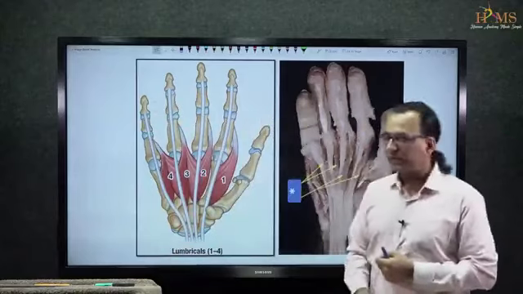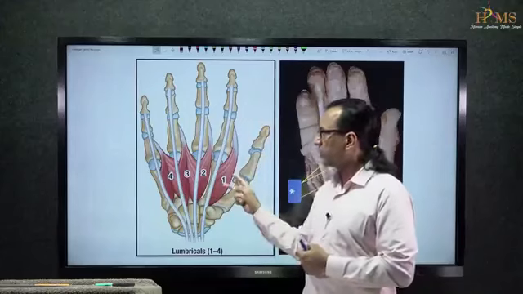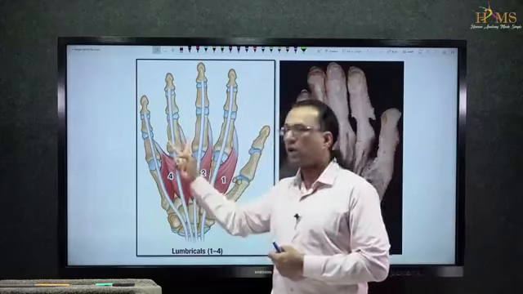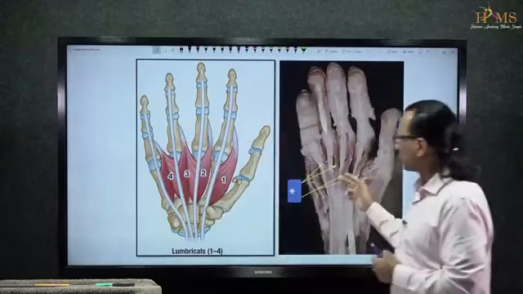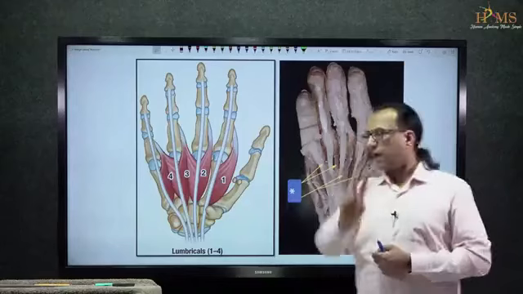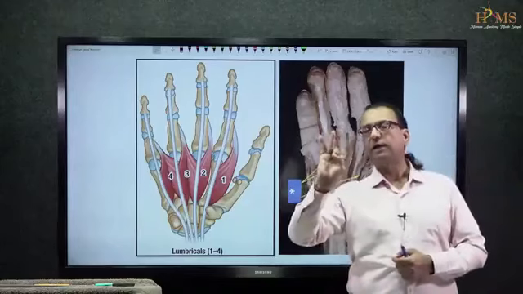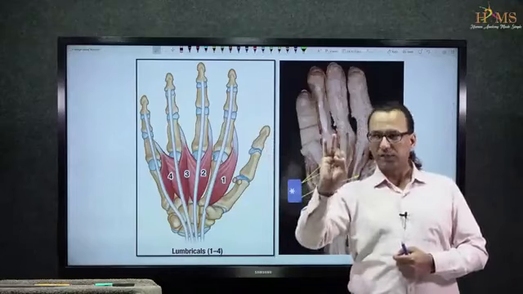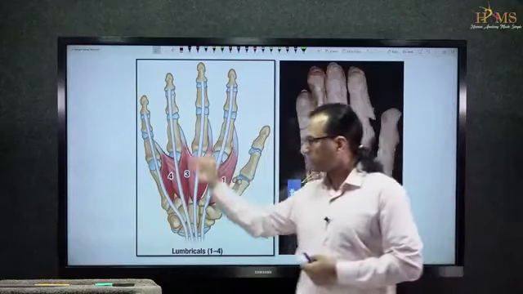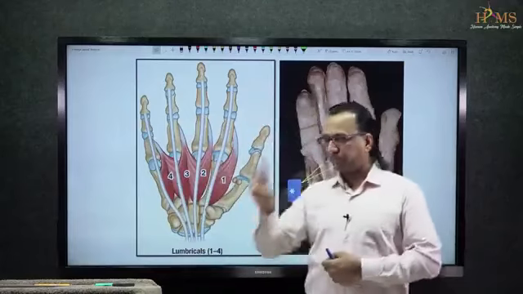But then it is giving some muscles here in the hand, 2 lumbricals which are unipinnate and 2 lumbricals which are bipinnate. As you can see, these are unipinnate muscles, the 2 supplied by the median nerve, and there are the bipinnate muscles, for the 4th and 5th fingers, supplied by the ulnar nerve. So these lumbricals which are bipinnate are supplied by the ulnar nerve, and these lumbricals by the median nerve.